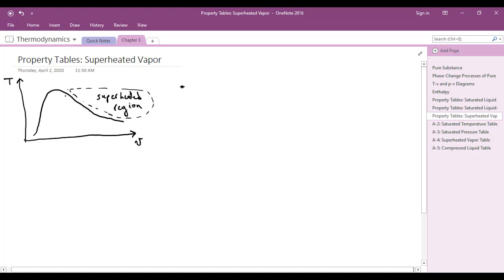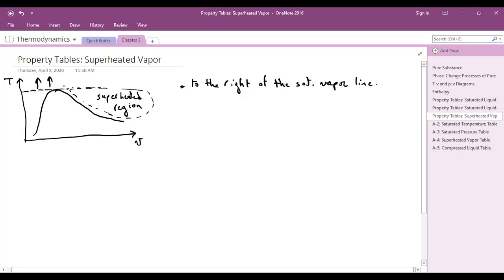It's located to the right of the saturated vapor line, and also it is above the critical point.